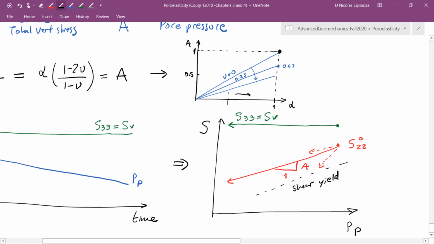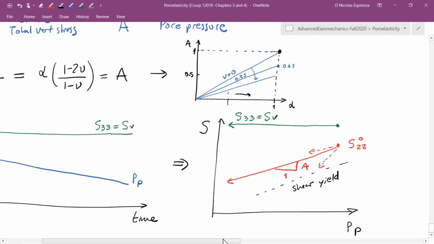Okay, this may be a little bit difficult now to conceptualize, but we're going to appeal to the help of the effective stresses in order to understand what's going on here. What you should get from this plot and from this parameter is that the parameter A controls how much total stress decreases with the decrease of pore pressure, and that depends on the poroelastic properties of the rock.